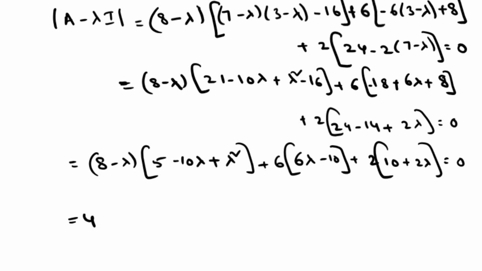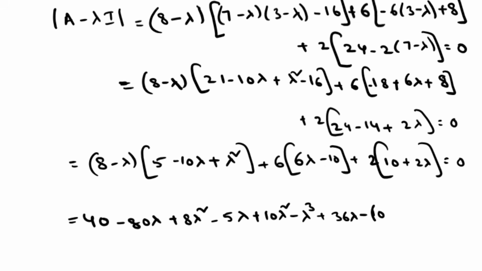By solving this equation, 40 minus 80 lambda plus 8 lambda square minus 5 lambda plus 10 lambda square minus lambda cube plus 36 lambda minus 60 plus 20 equals 0, which is minus lambda cube plus 18 lambda square minus 45 lambda equals 0.